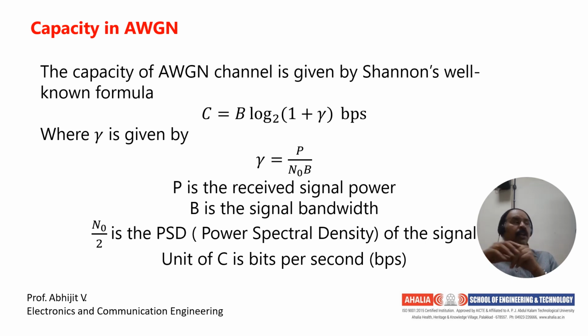Gamma, the signal to noise ratio, is given by P by N naught into B, where P is the signal that is received, N naught by 2 is the power spectral density, and B stands for the bandwidth of the input signal.